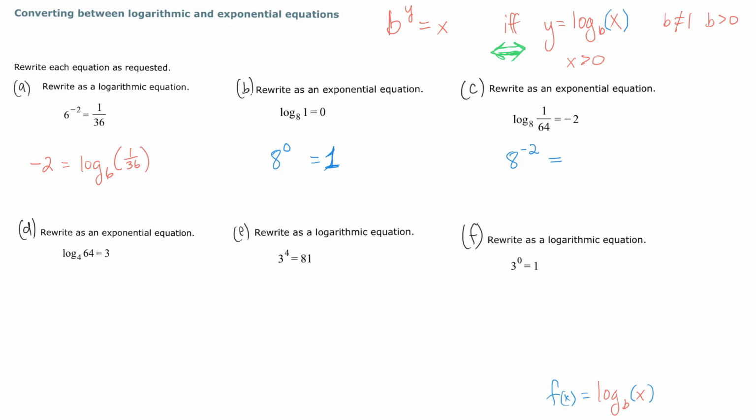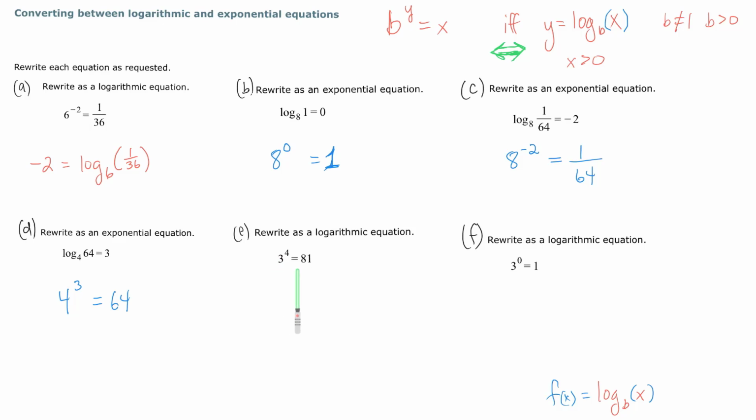And that's got to equal what? 1 over 64. Part D says you have a log equation, and now you want to change it to an exponential equation. Start with the base. So our base is 4, raised to the exponent of 3, and that's got to get you 64.